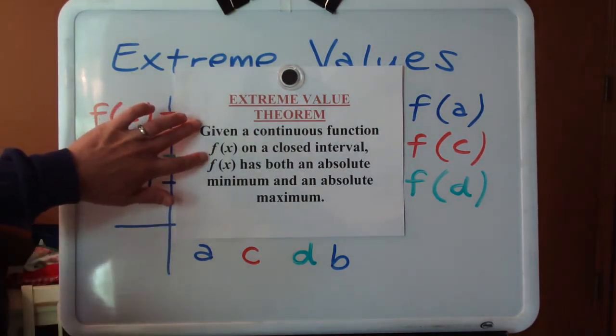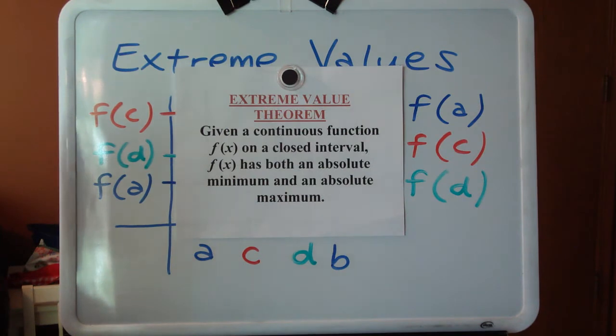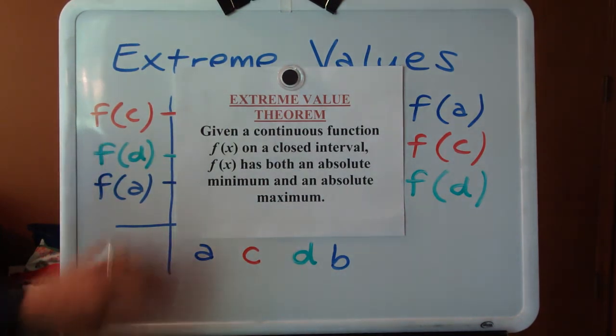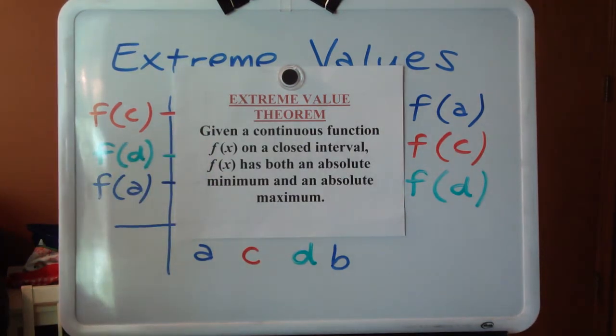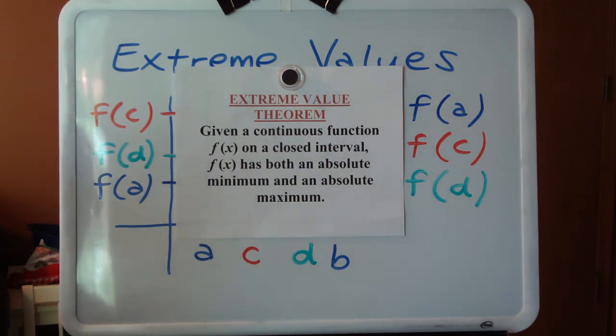So if you have a continuous function, f of x, on a closed interval, and our closed interval here was a to b, then that means the function is guaranteed to attain both an absolute minimum and an absolute maximum. So if you look at the example that we just went through, we were able to identify f of c as the absolute maximum, and then f of a as the absolute minimum.